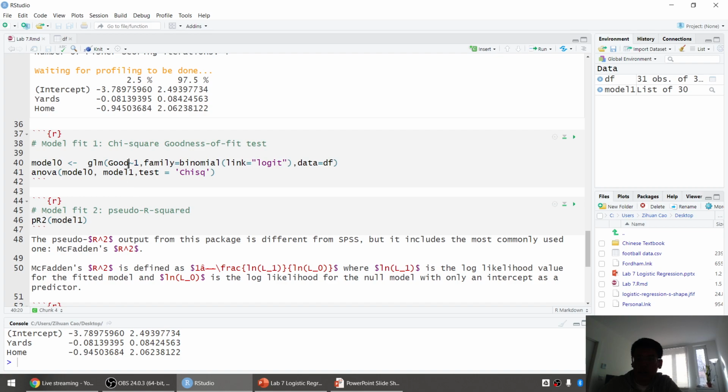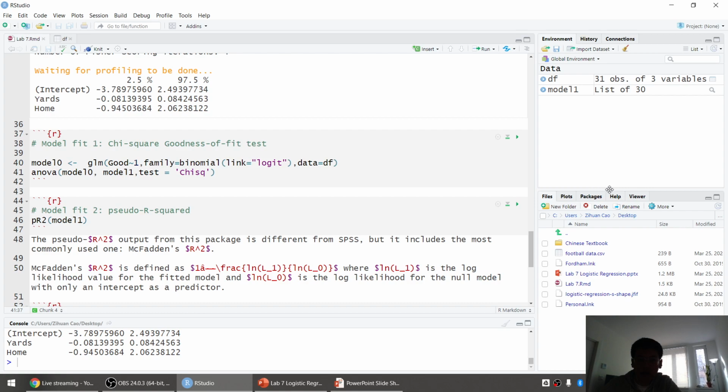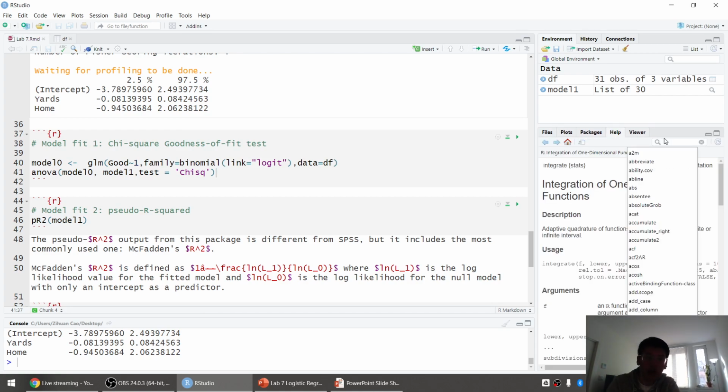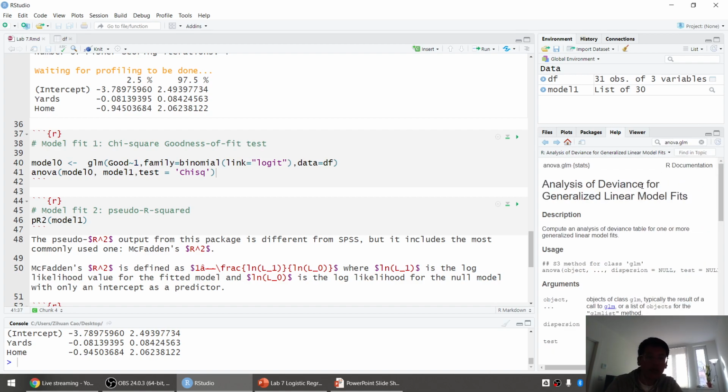Okay, so first one is the chi-square goodness of fit test, which is also just the ANOVA test for the general linear model. So if you're in the help page, you can search for ANOVA.glm. This will give you the specifics.